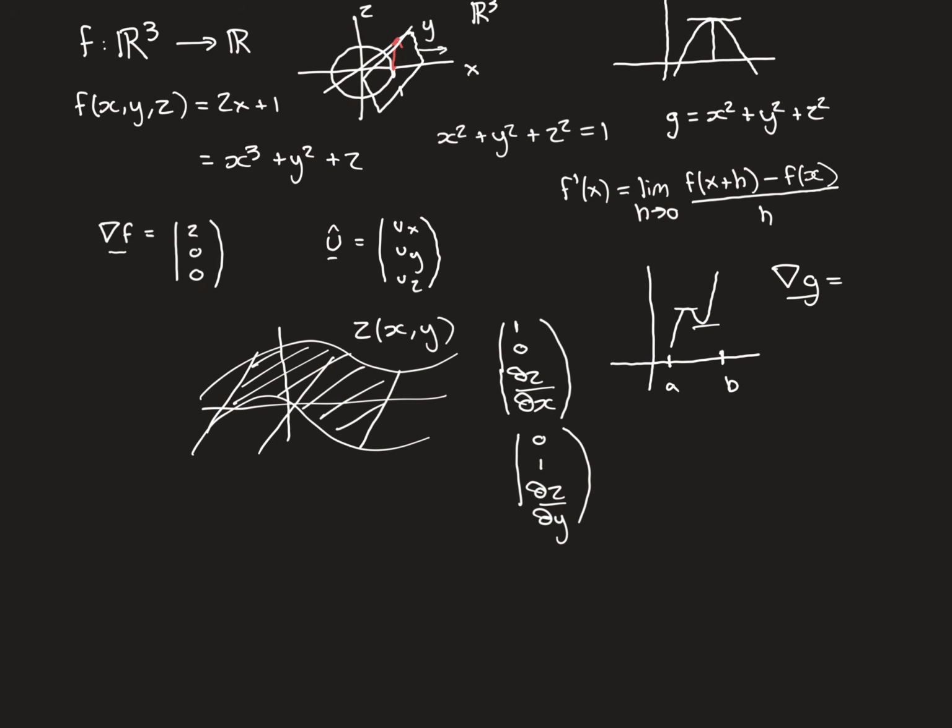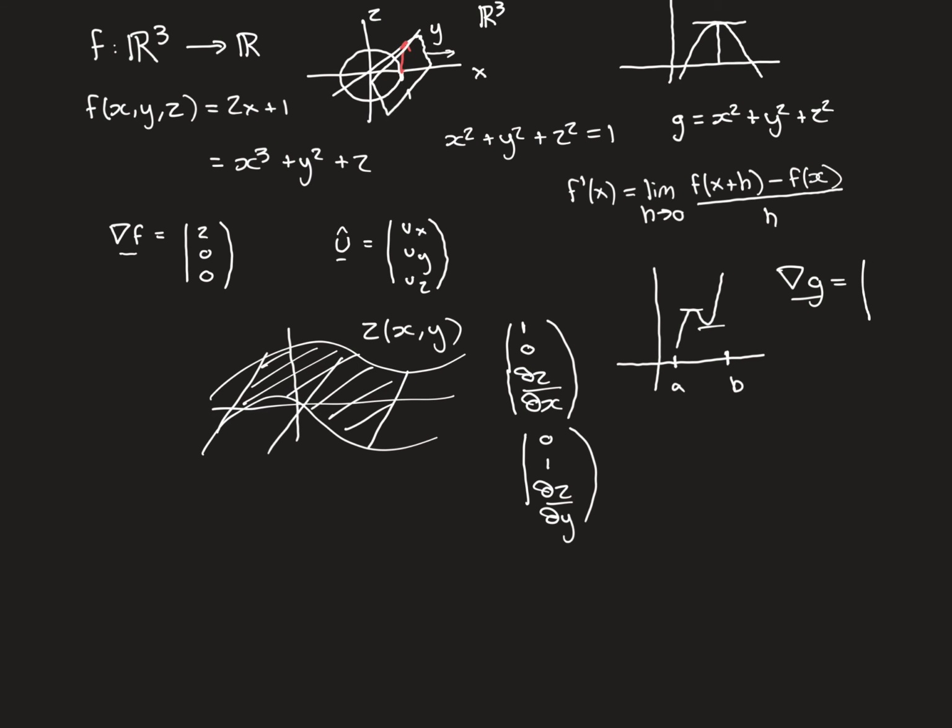So instead I can just find this gradient vector, and I apologize that I'm going all over the place. So nabla g is equal to 2x, 2y, 2z, just the partial with respect to x, the partial with respect to y, and the partial with respect to z. And you can see that that quite nicely works. If I plug in, for instance, 1, 0, 0, this point here, that gives me 2, 0, 0.